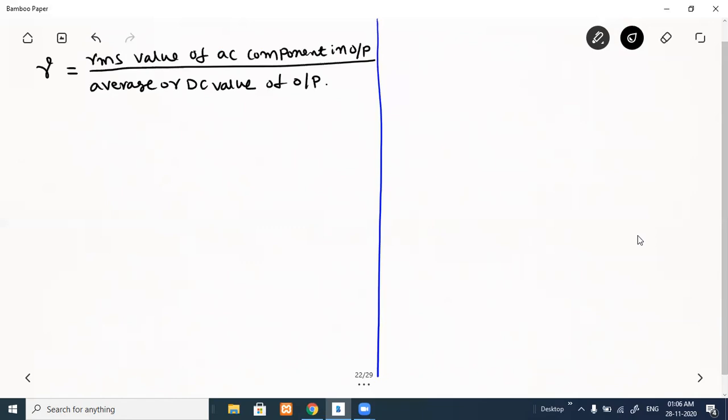So this gamma, we can represent as I_RMS dash by I_DC. So I_RMS dash is the RMS value of the AC component in the output, and I_DC is the average or DC value in the output.